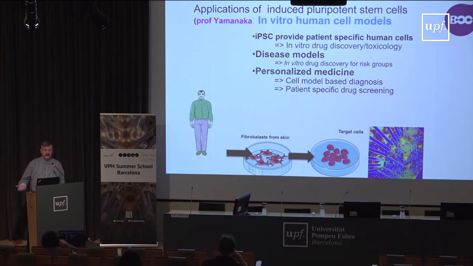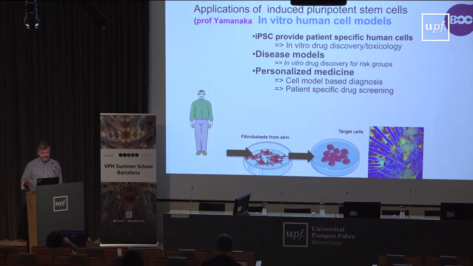So introducing genes into your cells, whether skin cells, blood cells, whatever. If you introduce the genes that define the stemness of the cell, we can actually generate stem cells that you can then change into any kind of other cells of the human body.